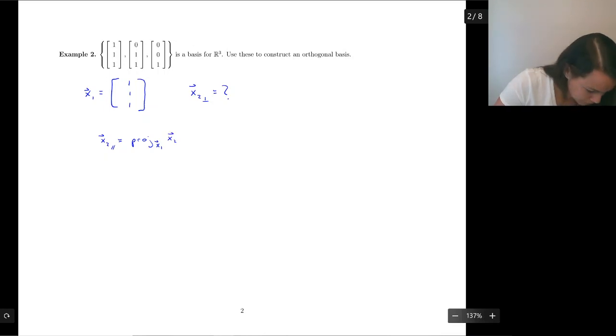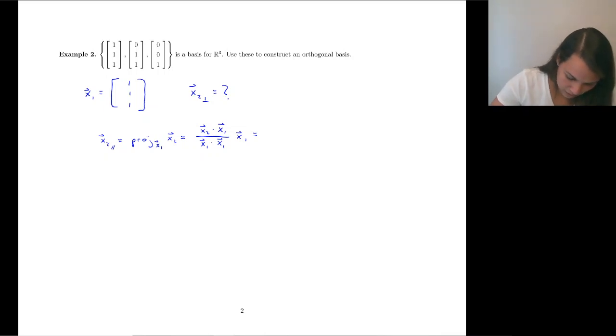So let's find x2 parallel, which is going to be the projection of x2 onto x1. That's x2 dot x1 over x1 dot x1, times x1.